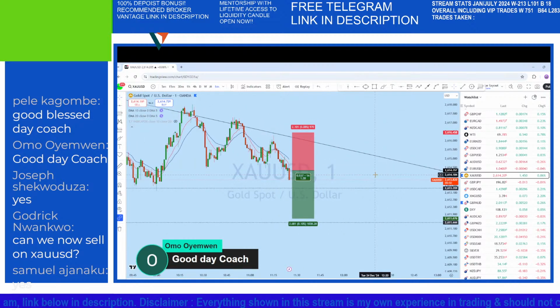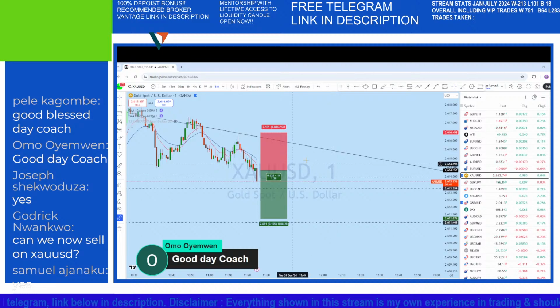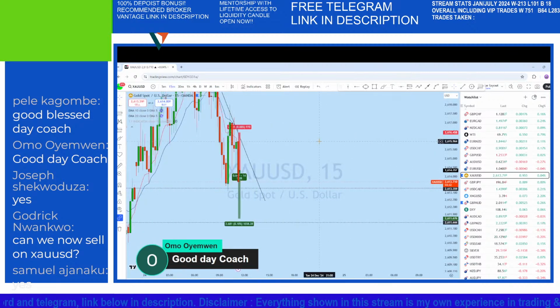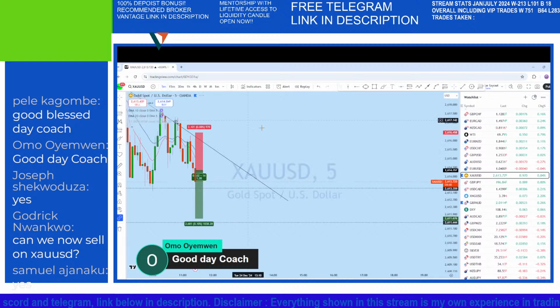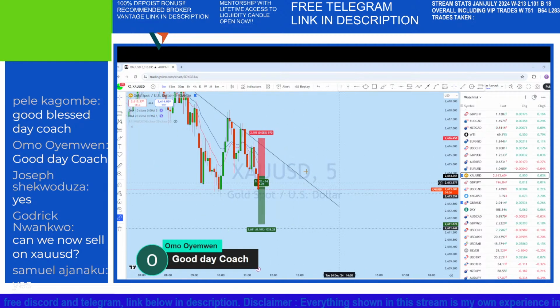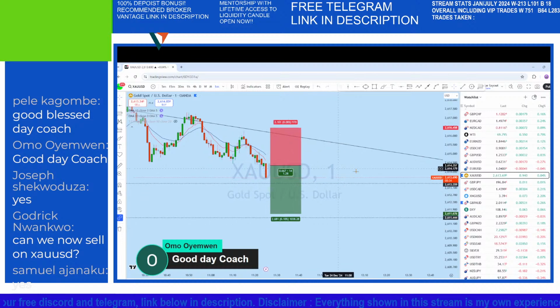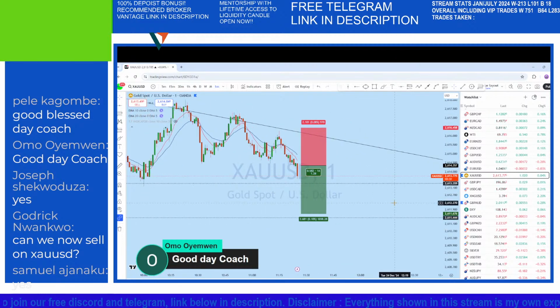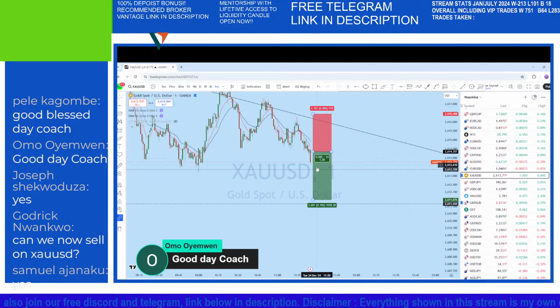So let's see that here, oh, it's started to drop again. I was thinking of an entry opportunity in that area, but what we can see is that the market is heading lower in this lower time frame. This is the 1-minute chart, and in that 1-minute chart I'm expecting it to drop.